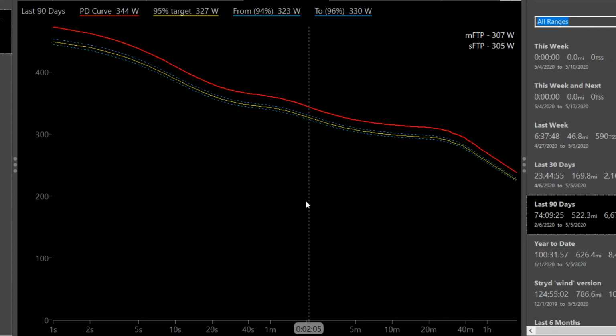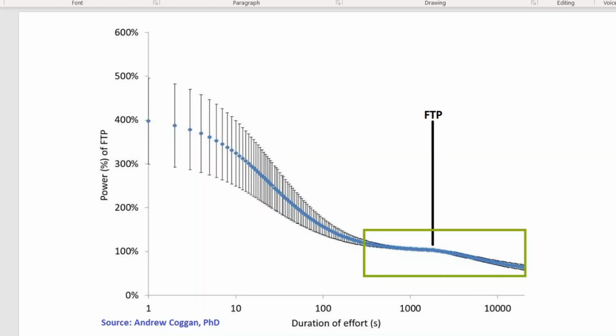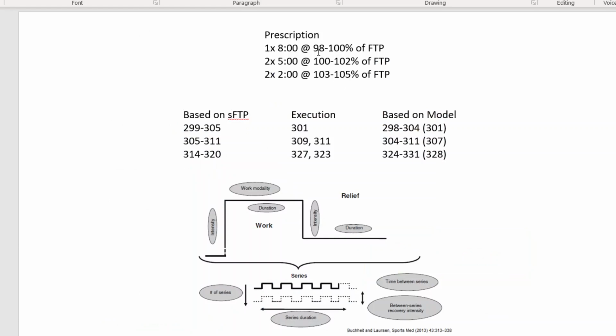So let me illustrate how this works out with an athlete that I did a prescription for. I prescribed by percentage of FTP. That's the way I prescribe most of them. The prescription was a progressive power workout. So it's 1 times 8 minutes, 2 times 5 minutes, 2 times 2 minutes.